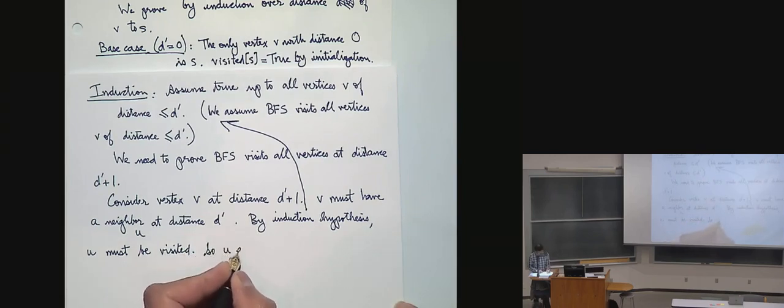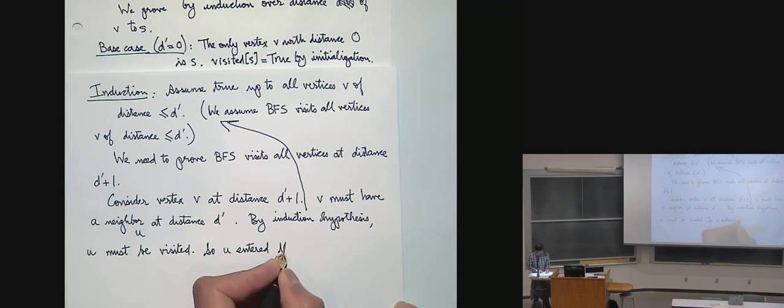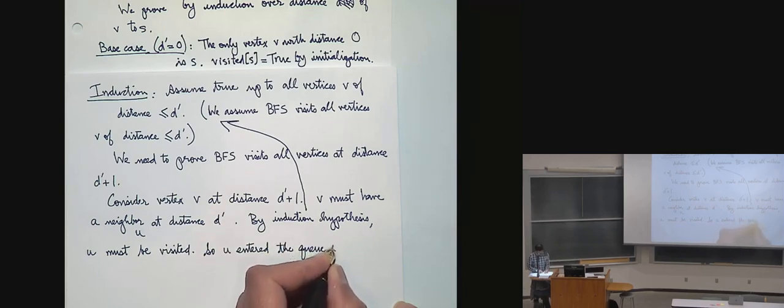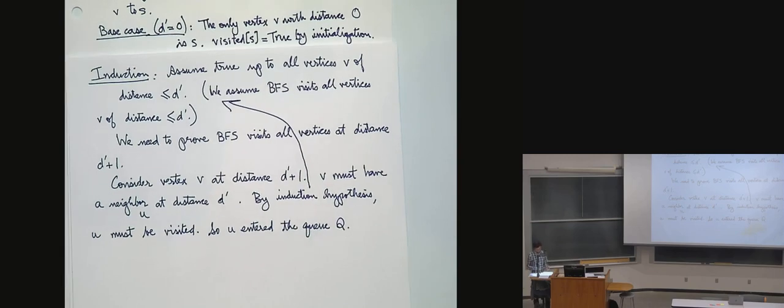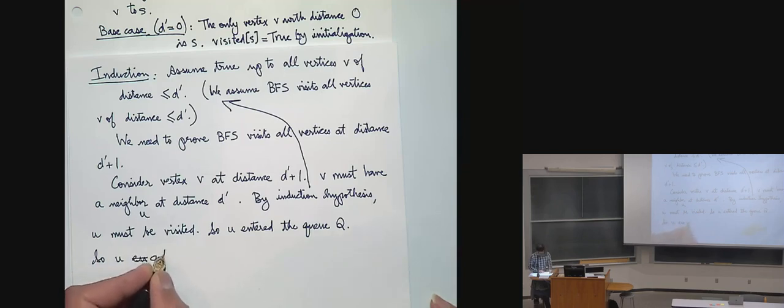So U entered the queue. And so if it entered the queue, it must have also exited the queue. So U got dequeued. And what happens when U gets dequeued? All of its unvisited neighbors get visited. So all the neighbors of U have to be visited, because if they're not visited, then they would have entered the queue and gone visited. So that's basically this step.